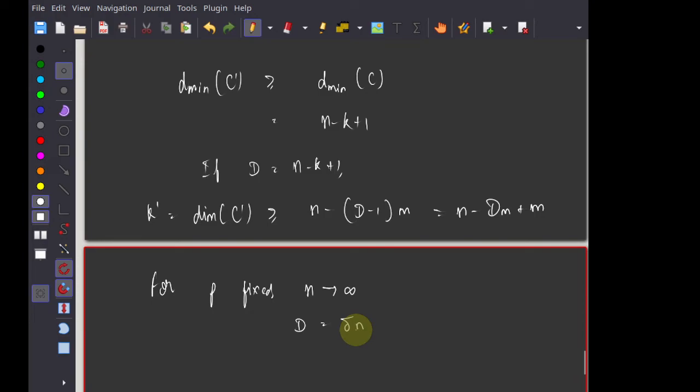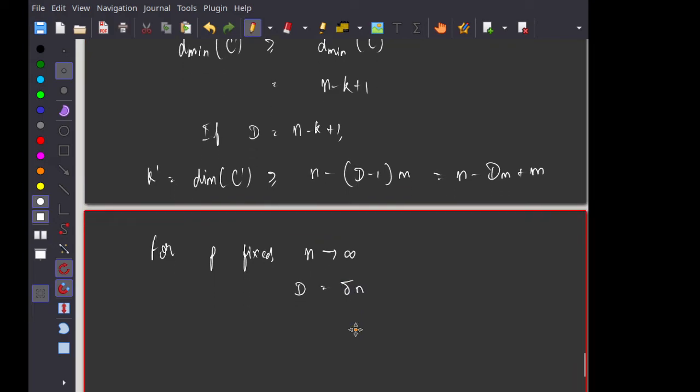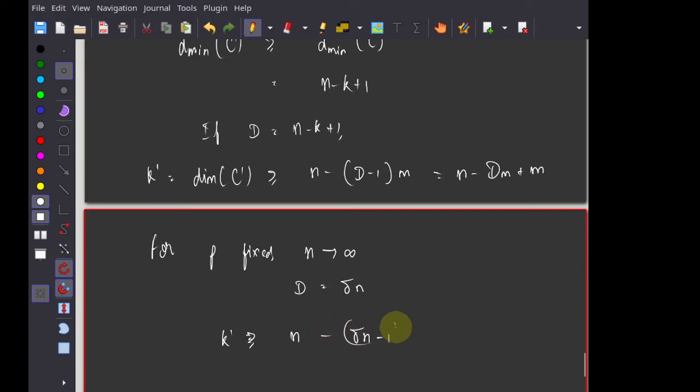It could be an arbitrarily small number greater than 0, but it's a constant times n. What happens? So k prime, the best that I can guarantee is that this is greater than or equal to n minus delta n minus 1 times m, correct?